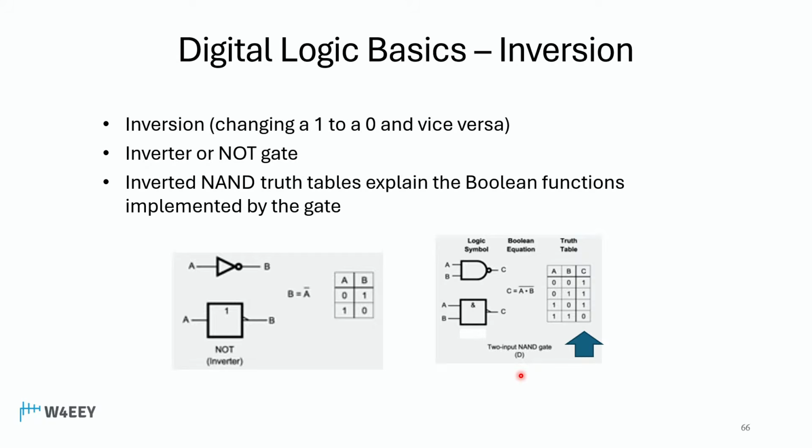One more concept, no questions here, but something that's helpful to know. There's something called inversion. In this case, we've got a triangle with a little circle on the output. What that means is it'll invert the signal. So if A is high, B is going to be low. If A is low, B is going to be high. Some people will call this an inverter or a NOT gate. And here's an inverted NAND truth table over here.